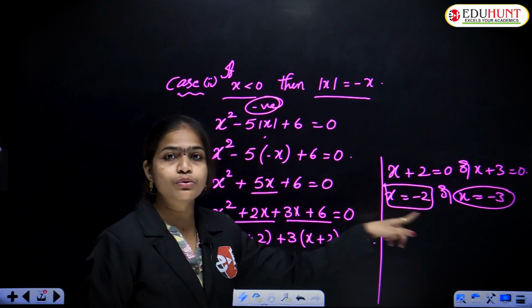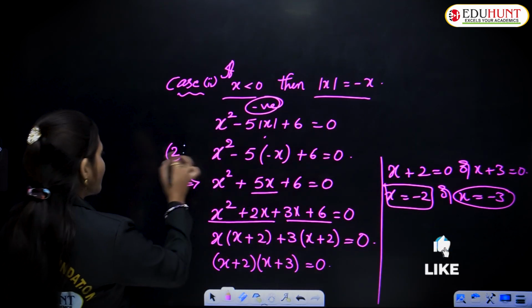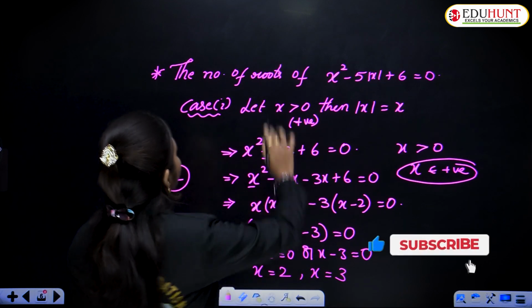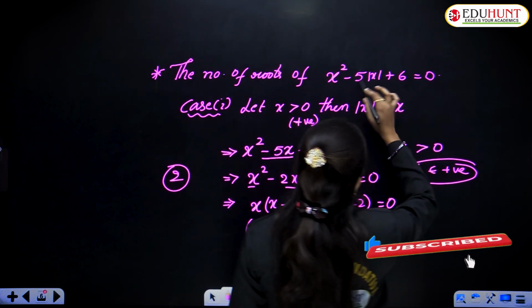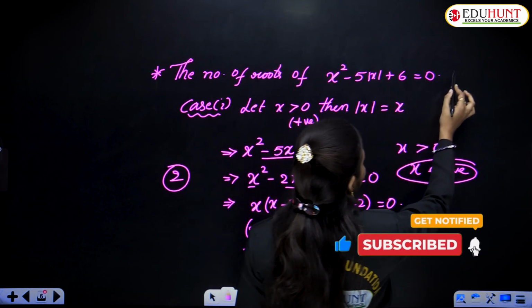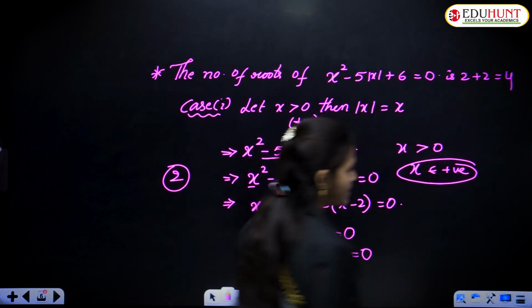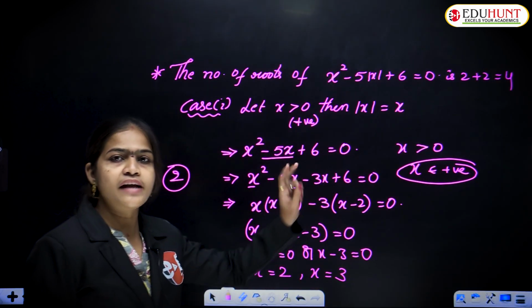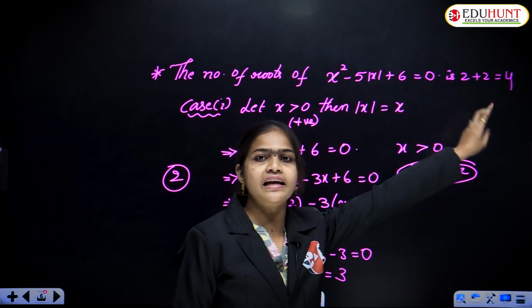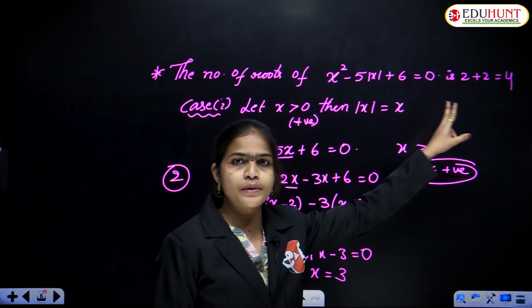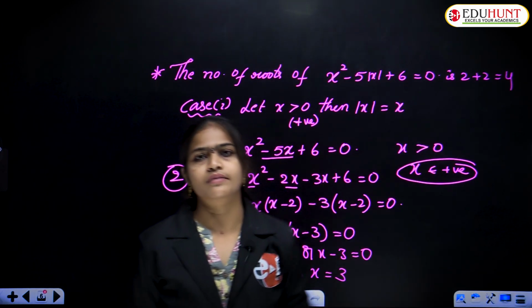How many negative roots are there? 2 roots. So that's why the number of roots of x square minus 5 modulus x plus 6 is equal to 0 is 2 plus 2, which is equal to 4 roots. 2 positive roots, and if you take the negative condition then 2 negative roots. So 2 plus 2, totally 4 roots.